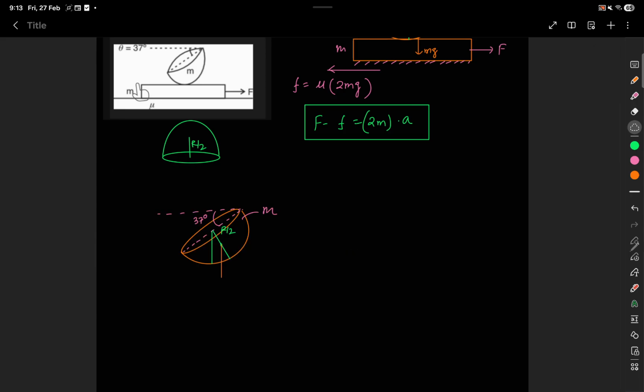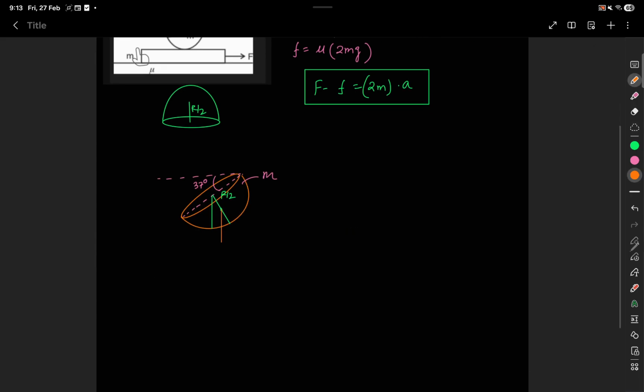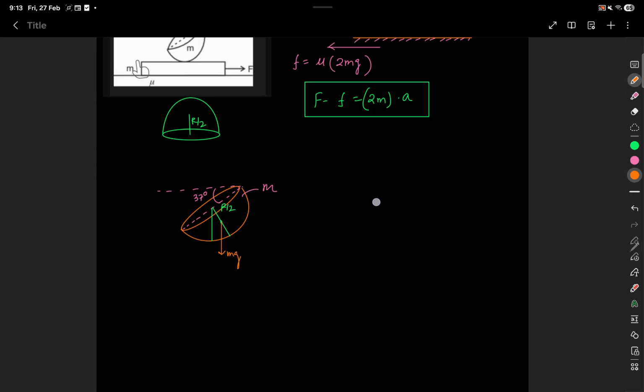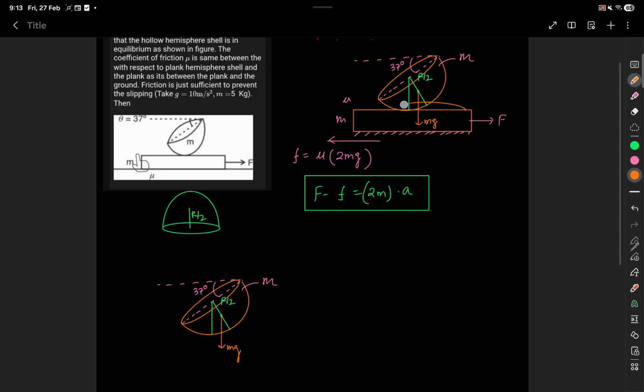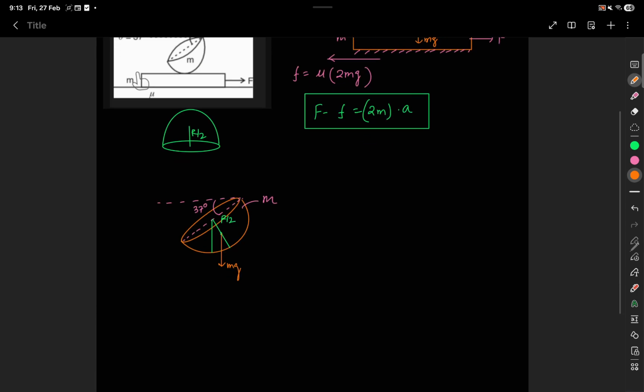This is mg acting at this position, and as the platform is also moving with acceleration a, all of this will move with acceleration a, so the platform is not static. So one pseudo force will be acting at the center of mass, that will be m into a. Another one is the normal force acting over here, and a friction will be acting.